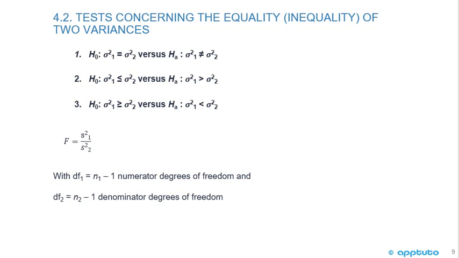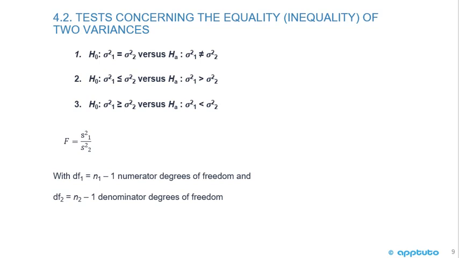The null hypothesis that the variance of 1 is less than or equal to the variance of 2, versus the alternative that it's greater than. And finally, the null hypothesis that the variance of 1 is greater than or equal to the variance of 2 versus the alternative hypothesis that the variance of 1 is less than, which is a less than test.